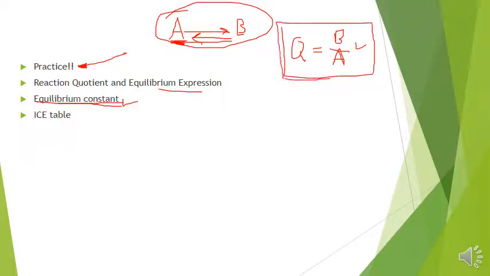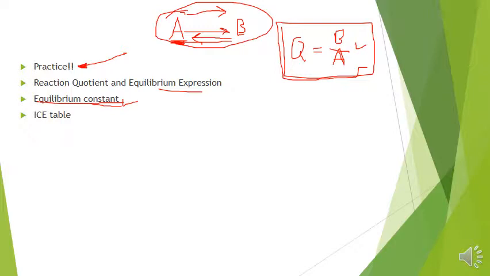Now, we just did this for one problem. In most of the problems, we started with a certain amount of reactant and no product, and we automatically assumed the reaction goes to the right. But sometimes you're given amounts of both reactant and product, and so you have to figure out Q and determine which way it goes.